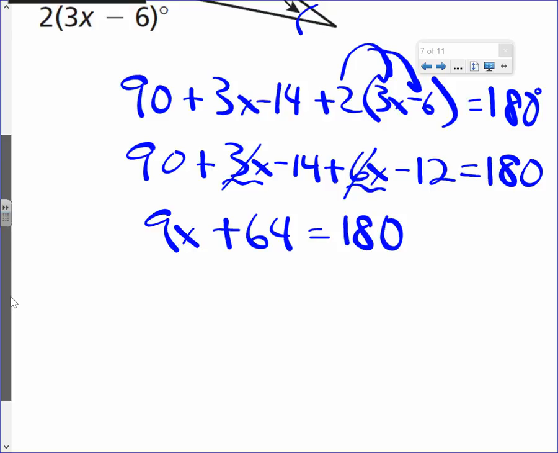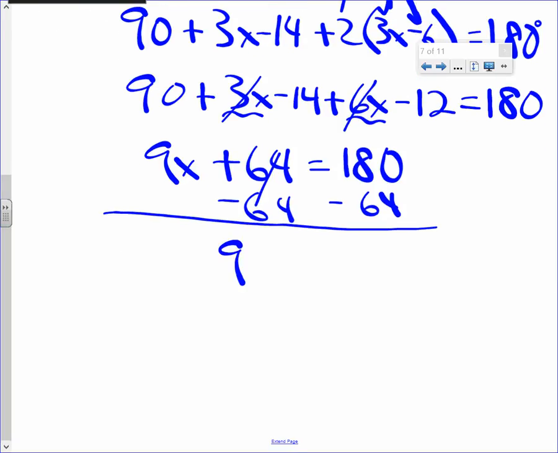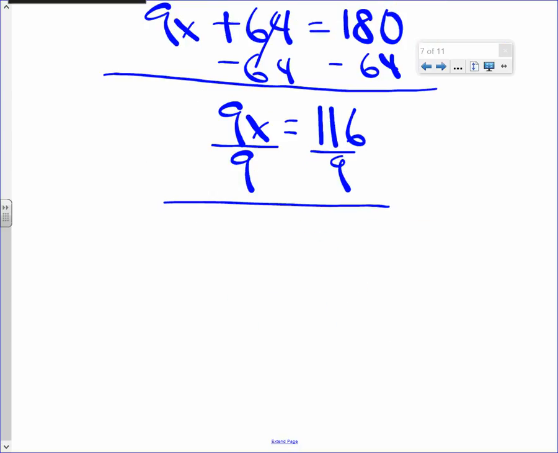What now, Ortiz? Awesome. 9x equals 116. Let's divide by 9. x is 116 divided by 9.